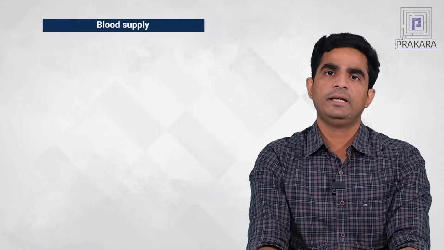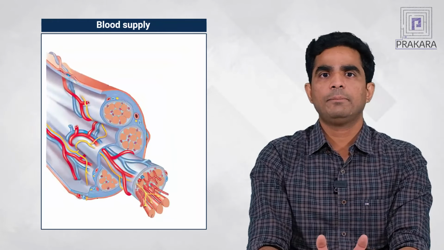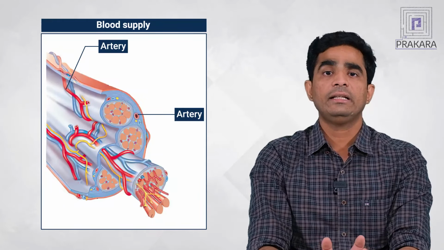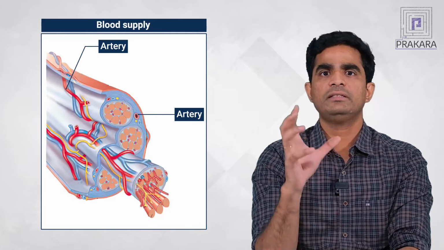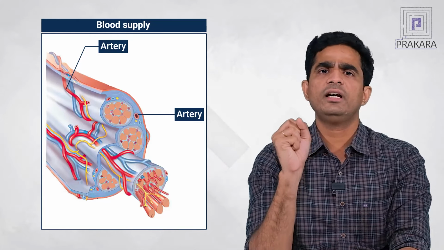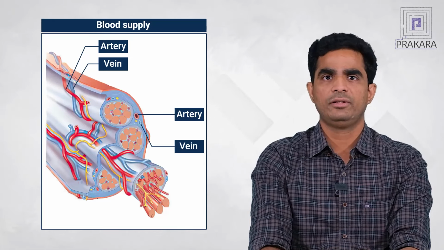Coming to the blood supply of the skeletal muscle. The arteries supply the skeletal muscle and they are the main source of the nutrients to the muscle, because the muscle which is contracting requires a continuous supply of energy in the form of glucose or fatty acids.